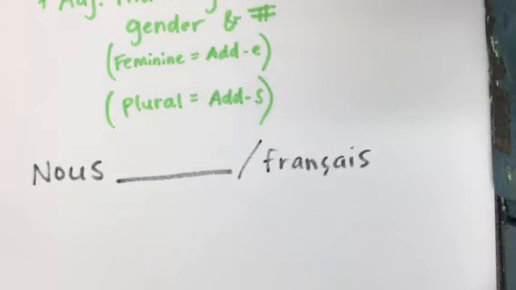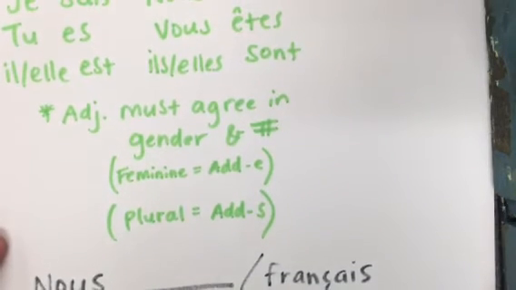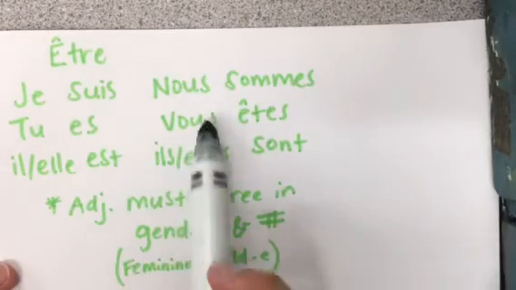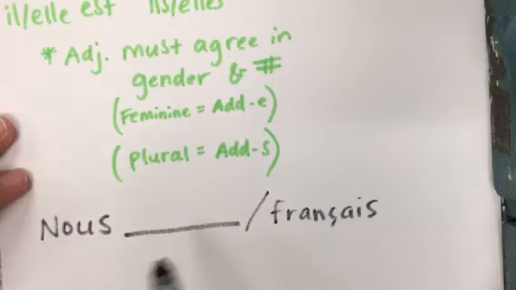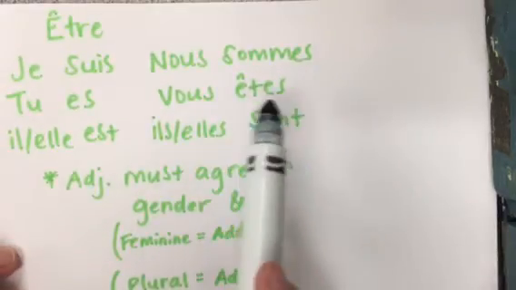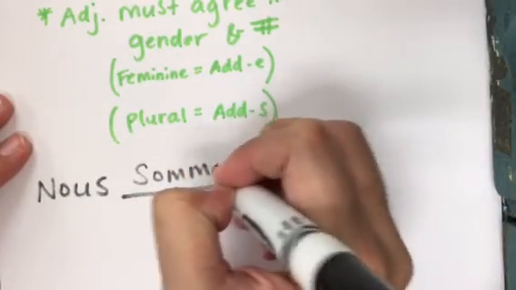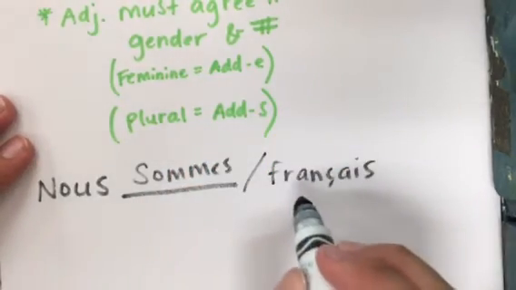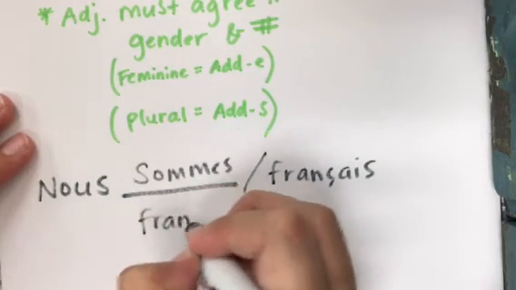I want to say we are French. So going back up to our verb être, I know that nous and sommes always go together. So look, nous, what goes here? Sommes, okay? So I'm going to write nous sommes, and then I have to write français again. We are French.